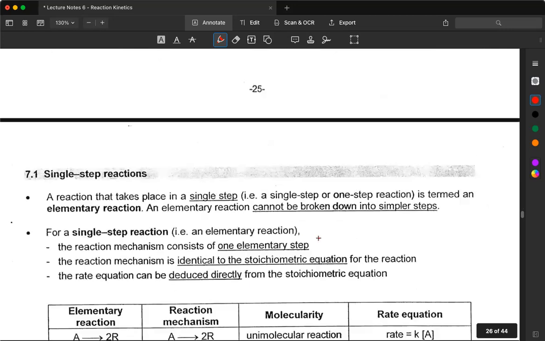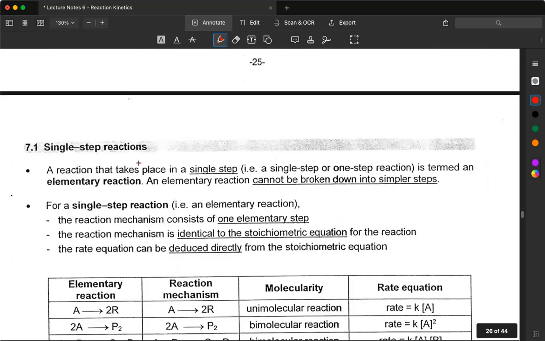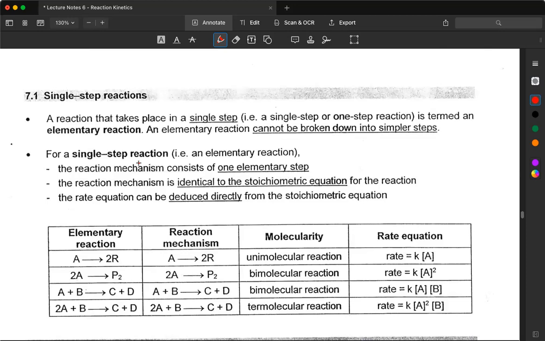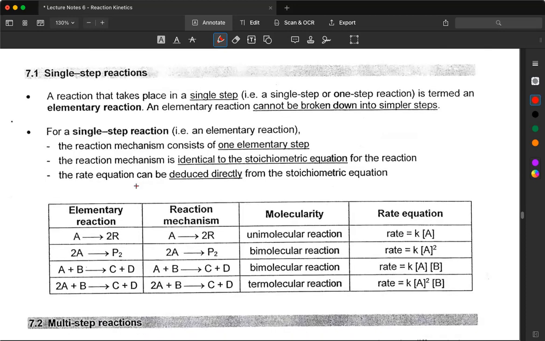Now, a single step reaction is a reaction that takes place in a single step. If the reaction is only one step, then it's elementary. The reaction mechanism is identical to the stoichiometric equation because it's only one step, and you can deduce directly the rate equation.